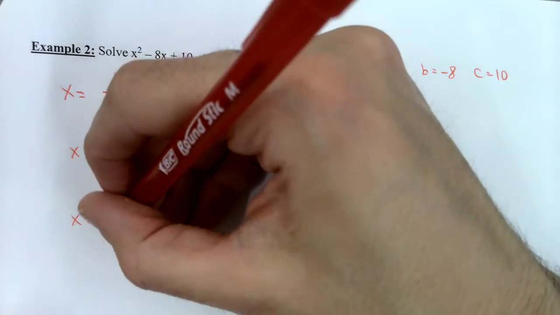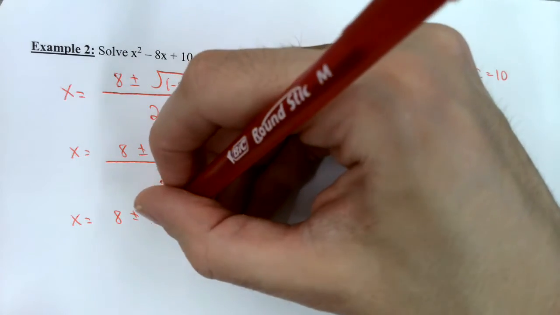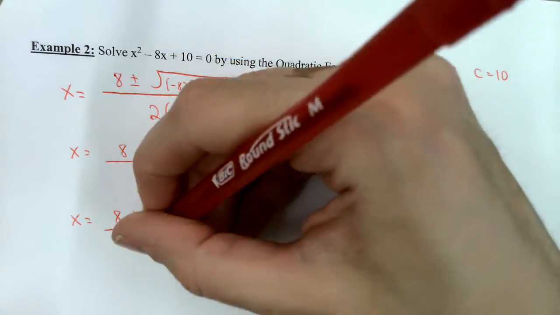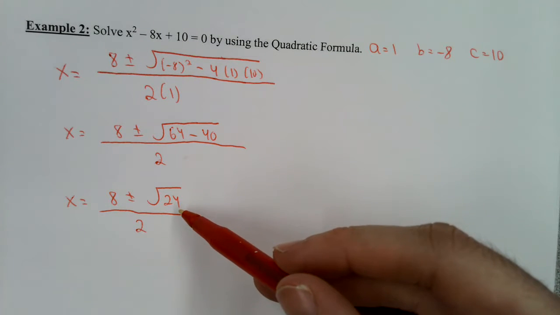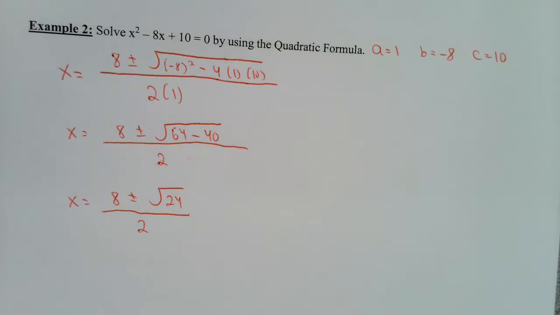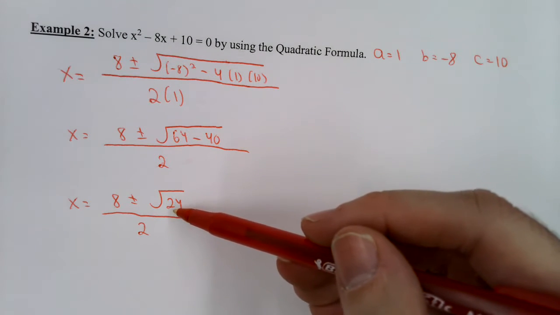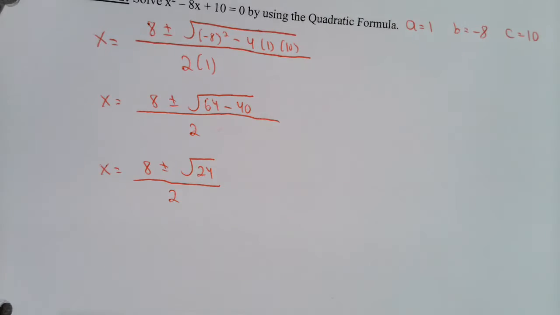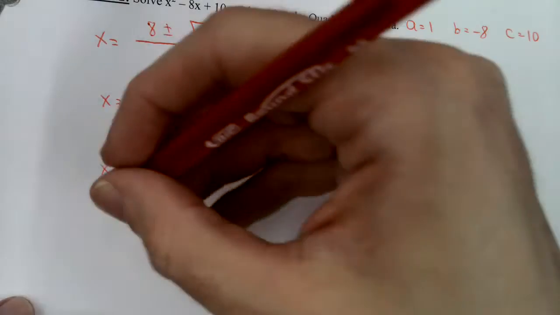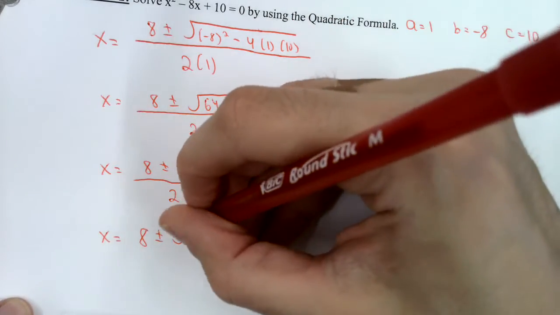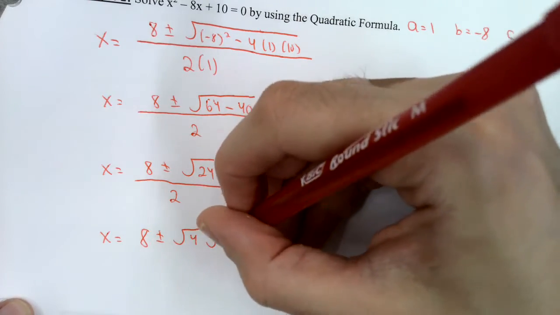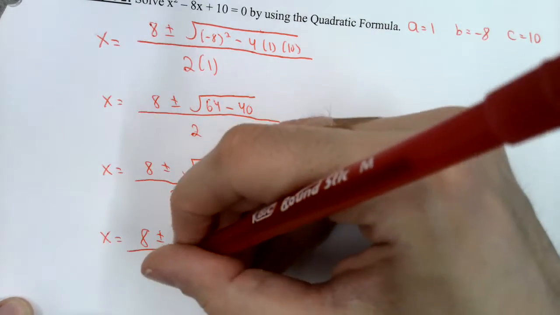So x equals 8 plus or minus the square root of 24 divided by 2. Simplify the square root of 24 using the perfect square number list: 1, 4, 9, 16, 25. In the first example it was a perfect square. This one is not. But you can simplify that to square root of 4 times square root of 6, and that's divided by 2.